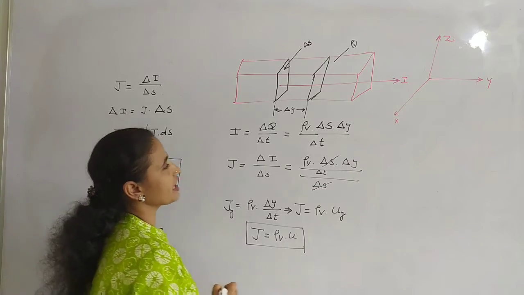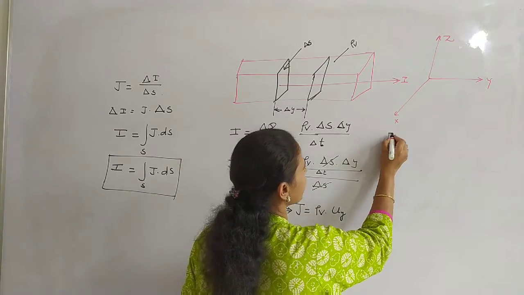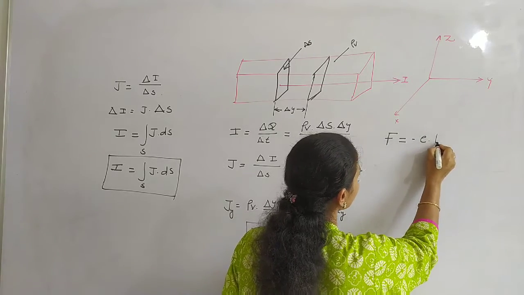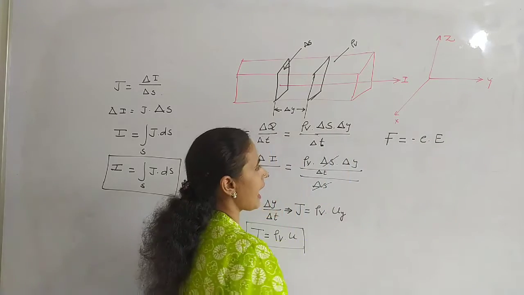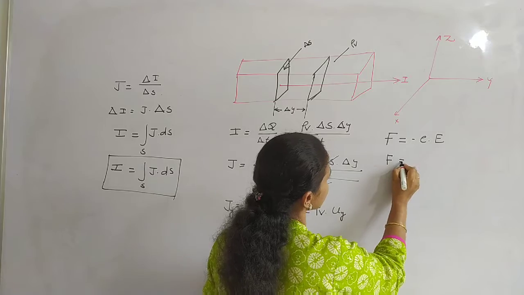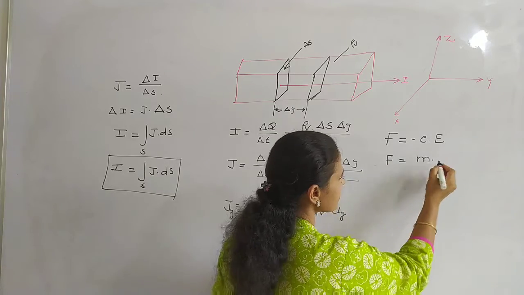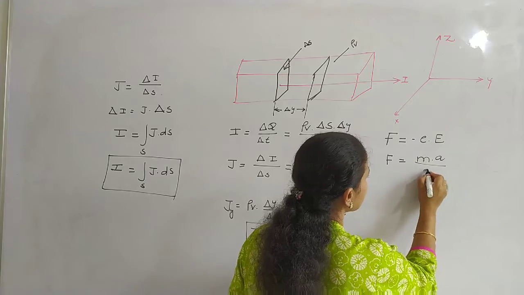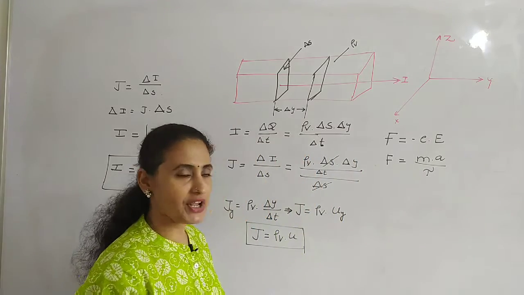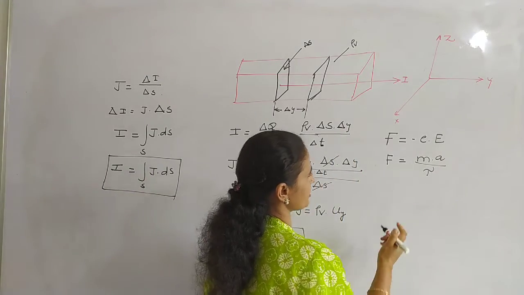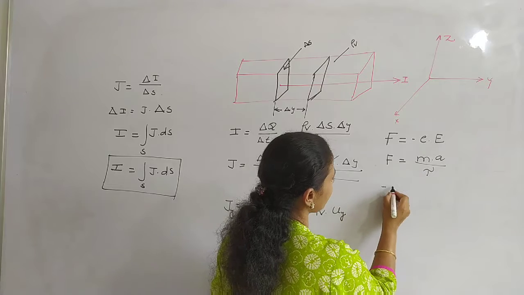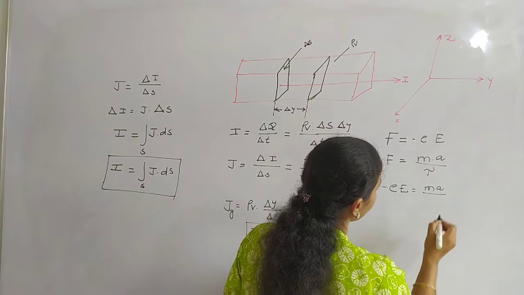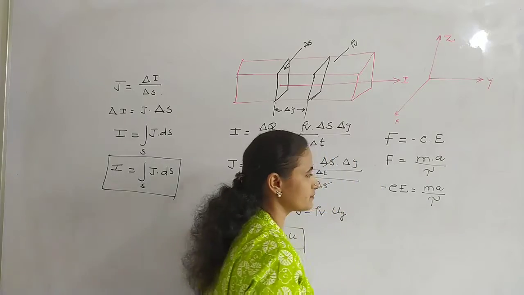Now, in the same filament, the force acting on the charge is given by minus e into the electric field E, and the force is also given as m, the mass of the electron, into the acceleration of the electron, which is u by tau. Tau gives the average interval between two collisions. Equating these two, we get eE equals m u by tau.